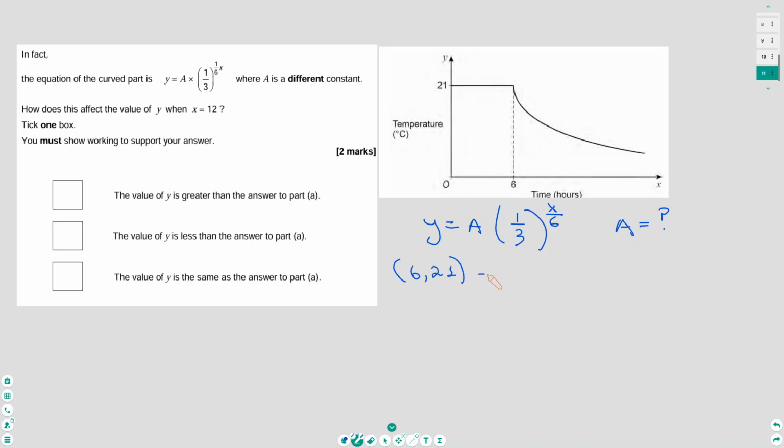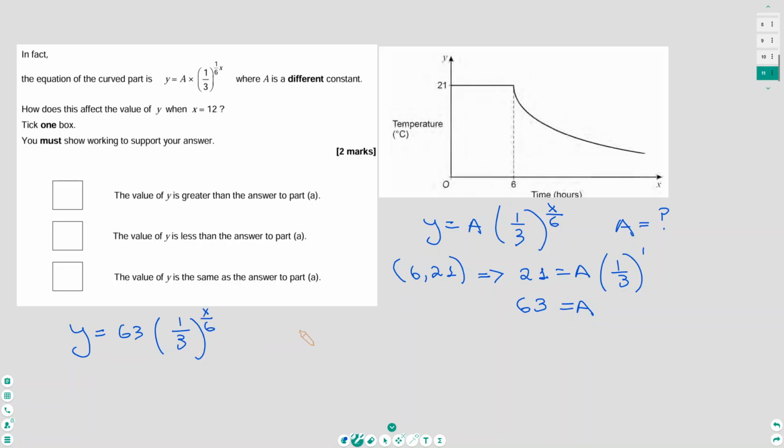And then we find the value of a, multiplying both sides by 3. So the value of a is 63. Therefore, the equation is y equals 63 times (1/3) to the power of x over 6.